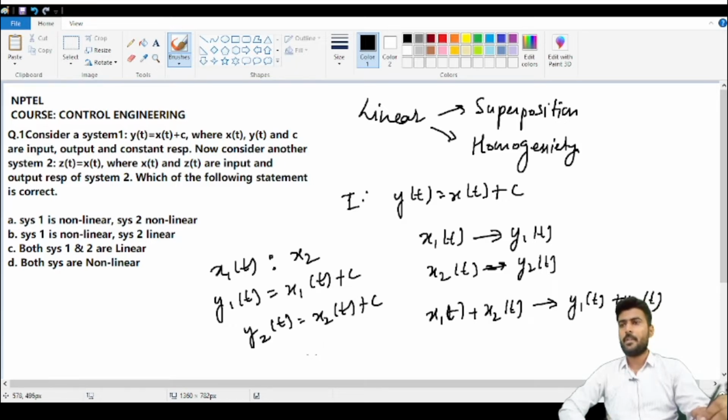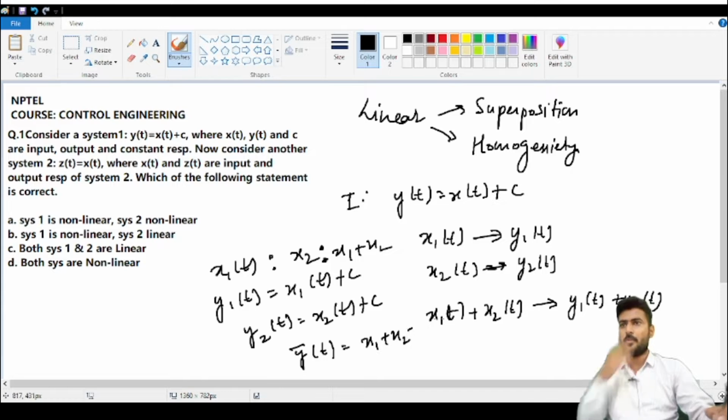Now if we send the input as x1 + x2, the output will be x1 + x2 + c. I'm not writing these t's.